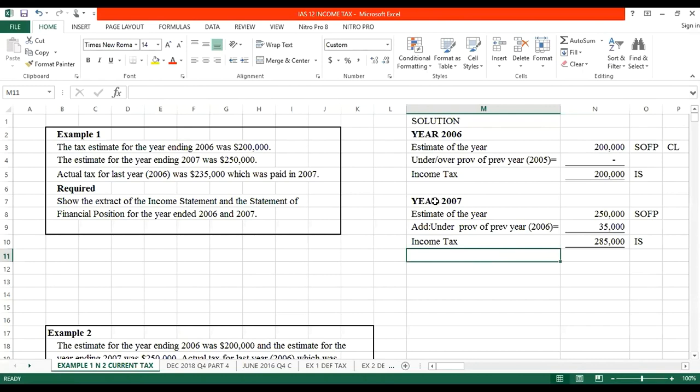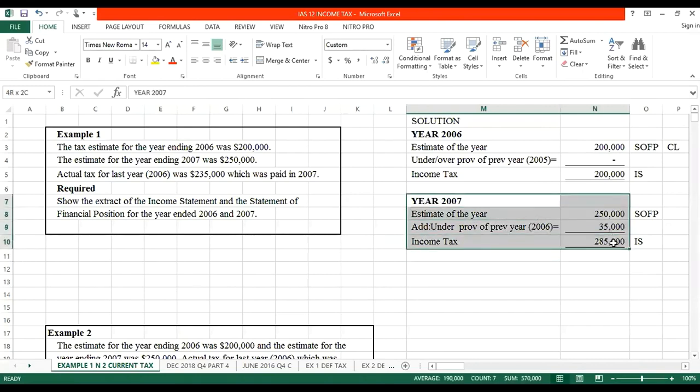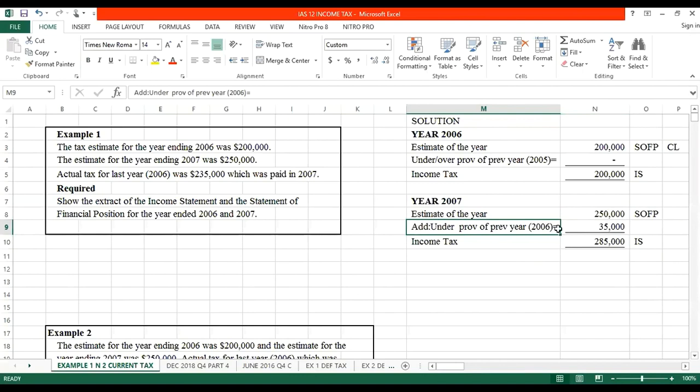So if you are preparing financial statements of the year 2007, you will also need to know what took place in the previous year, so that you know whether it was under provision or over provision. So that is why it's very important to know what you were given in the question.